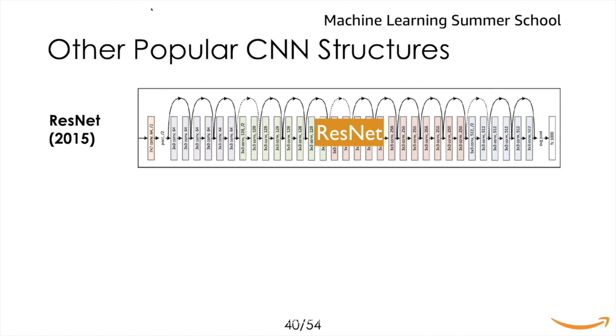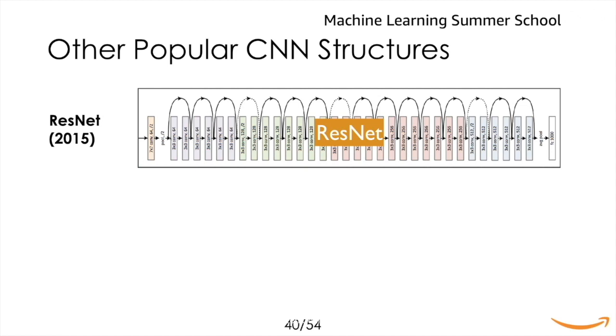ResNet introduced residual connections or skip connections, right? So these connections skipped a few blocks. You can see that it's not connected to this block, right? It skips a few blocks. And this allowed the network to learn better. So the authors hypothesized that residuals would be easier to learn than the entire function, right?